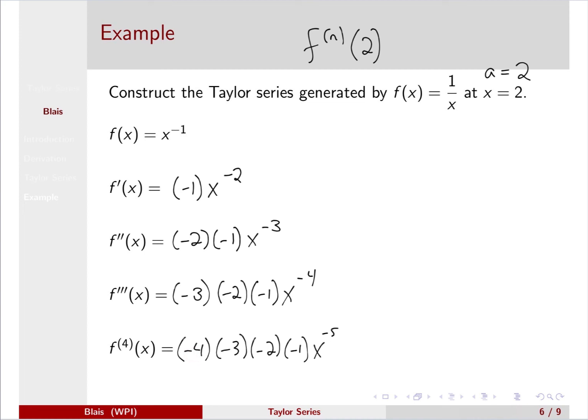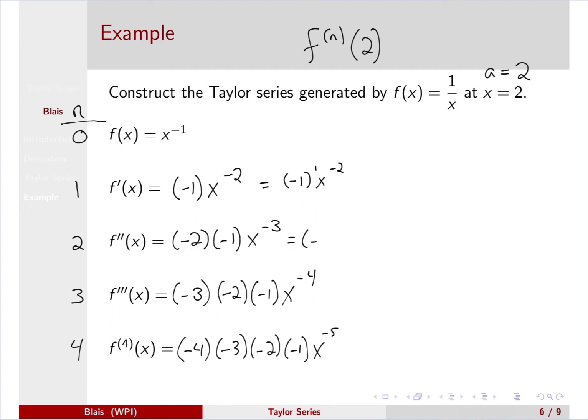So keeping in mind our n value, this would be the case for n equals 0. Here's 1, 2, 3, 4. The n as in the nth derivative of f. So here we have f prime of x is minus 1, x to the minus 2. Let's think of that as minus 1 to the 1, x to the minus 2. For the n equal 2 term, we have two negative signs.